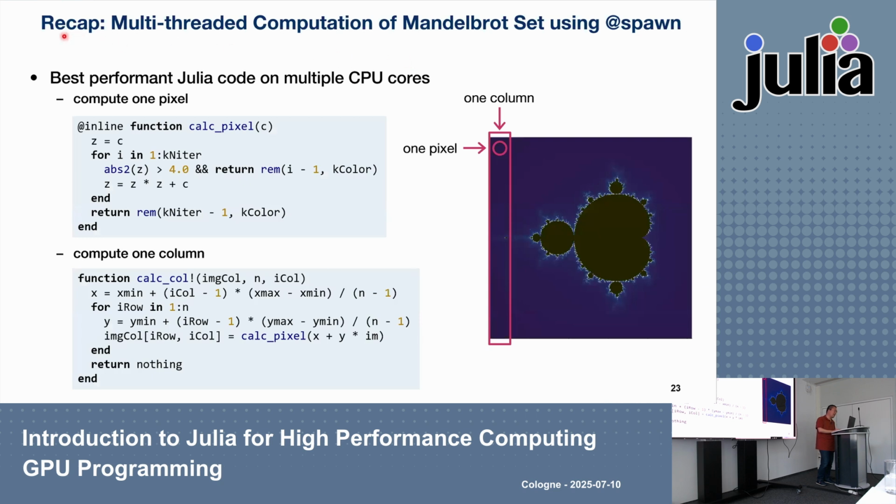Before we continue, let's recap the so-called multi-threaded computation of the Mandelbrot using Spawn. To calculate the Mandelbrot, you have seen already the multi-threaded CPU code on multiple CPU cores. The first is to compute one single pixel, as you can see here. This is the CPU code to calculate this one single pixel.